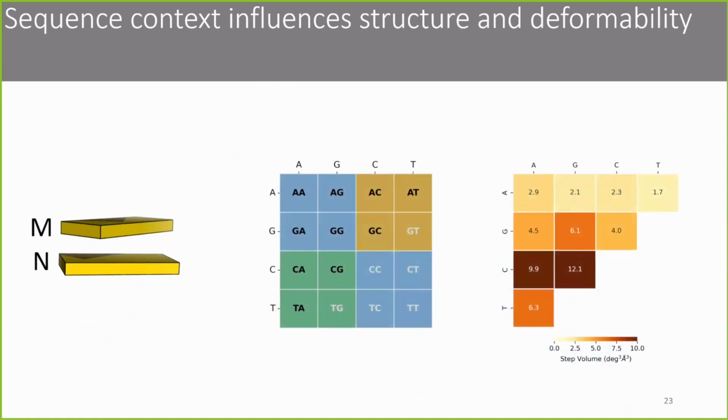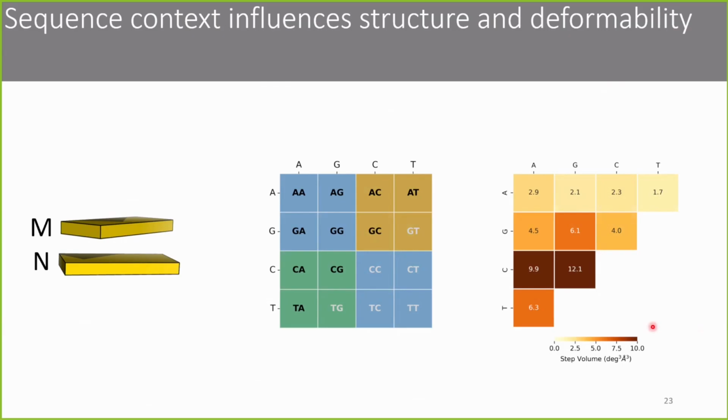Data from a previous survey of the PDB provided insight into the 10 unique dimers, such as step deformation with respect to volume of the step parameter space. Now, this data was taken only from 92 crystal structures deposited before 1998, and the analysis suggested high deformation of CA and CG steps.